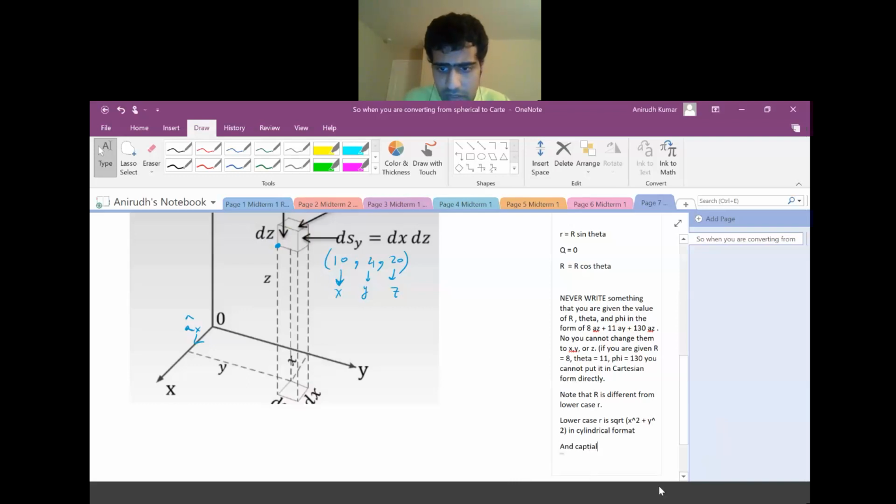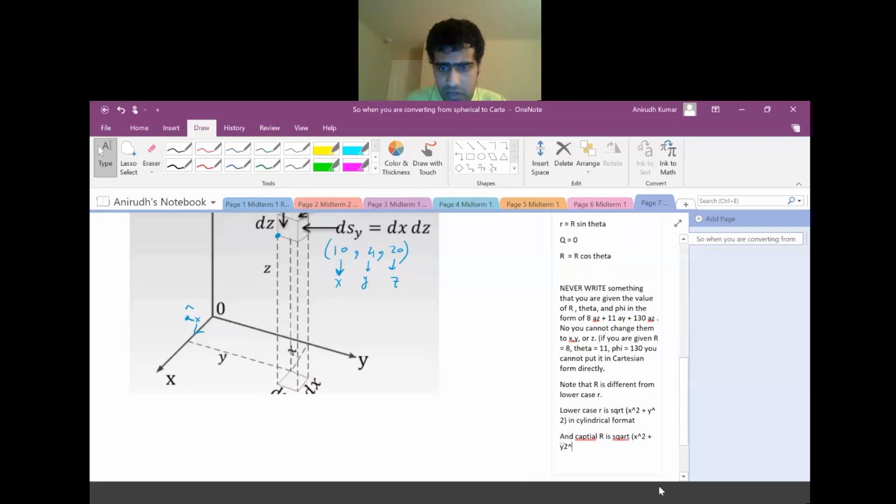And capital R is the square root of x squared plus y squared plus z squared in spherical format.